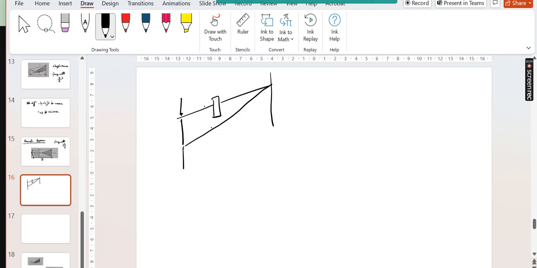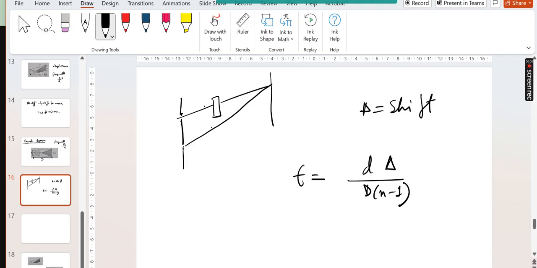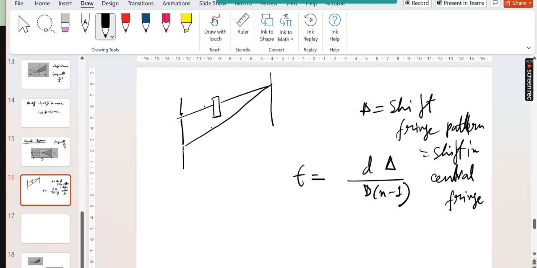So the thickness is equal to d delta by D (n minus 1). So delta is the shift in the fringe pattern, or we can say the shift in the central fringe. So d is the thickness.